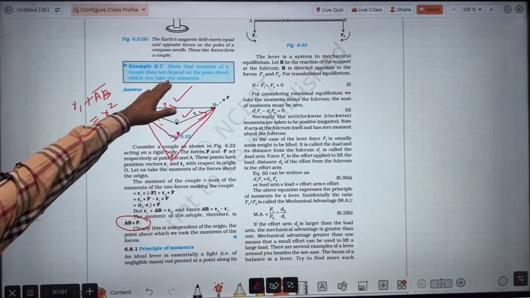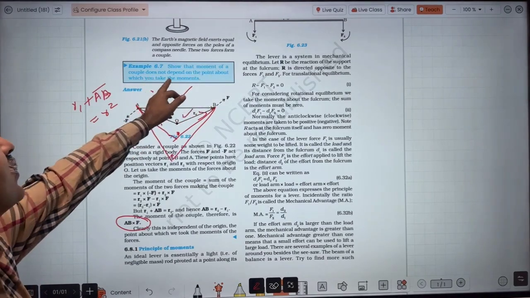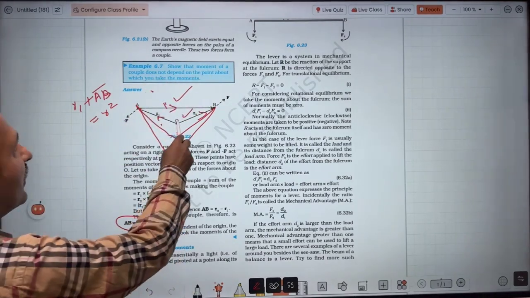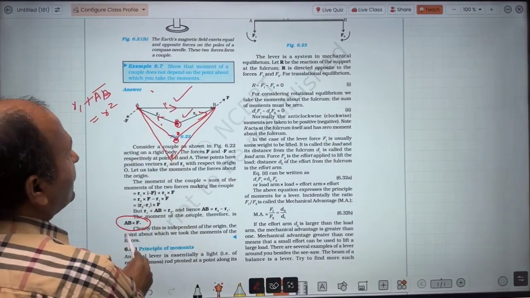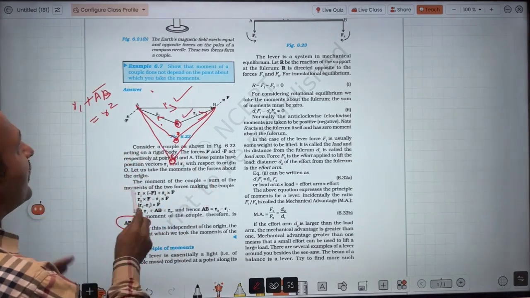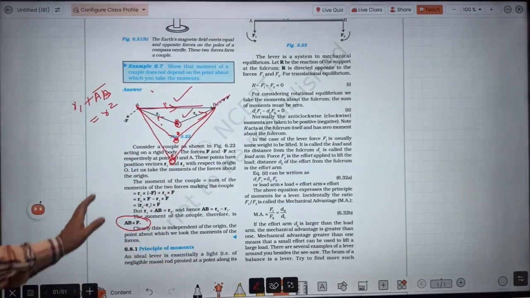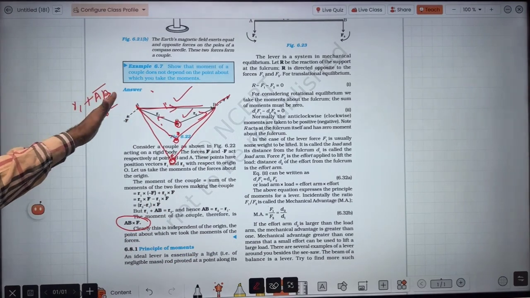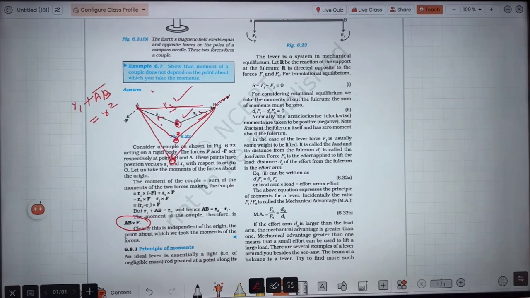So the question says, show that the moment of a couple does not depend on the point about which you take the moment. Whether you take the moment about this point, or this point, you will get the same result, because the ultimate result will be in terms of force and this distance. So that is why the moment of a couple does not depend on the point about which you take the moments.